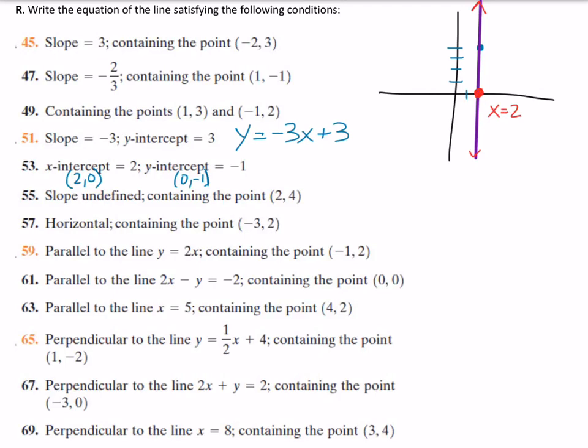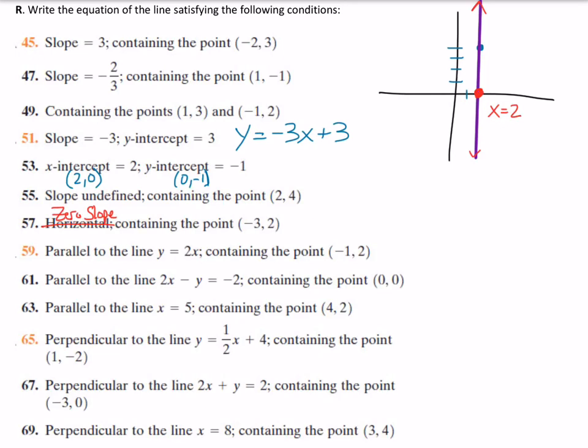So for example, if 57 says horizontal, that would just be another way of saying zero slope. And remember, when you say the word zero, my cheeks go left and right, so it's going to be a line that goes straight left and right.